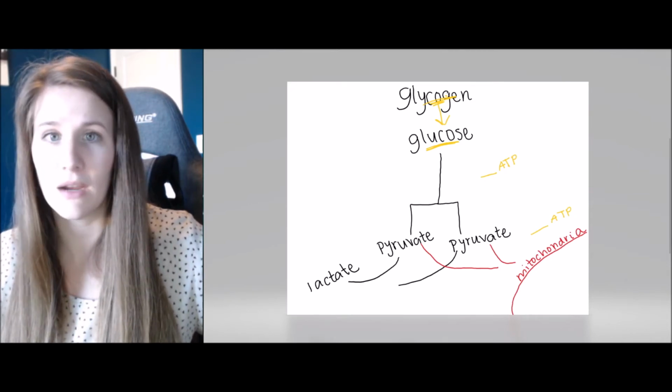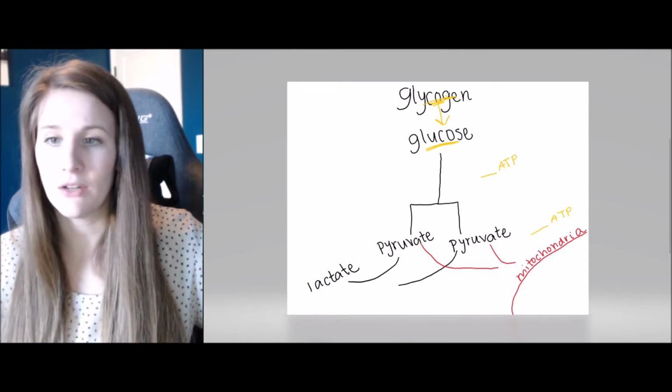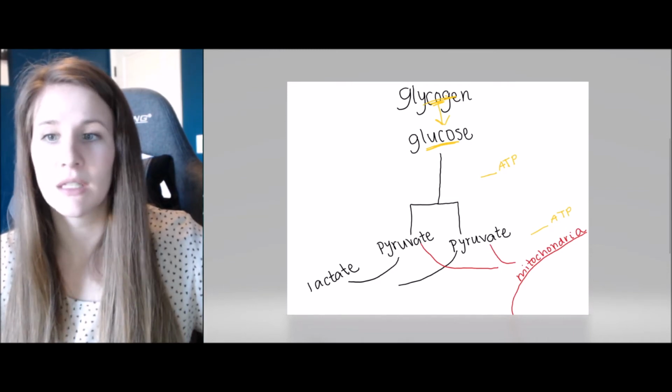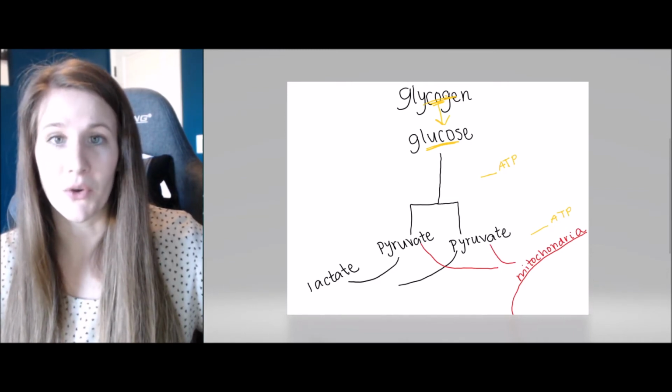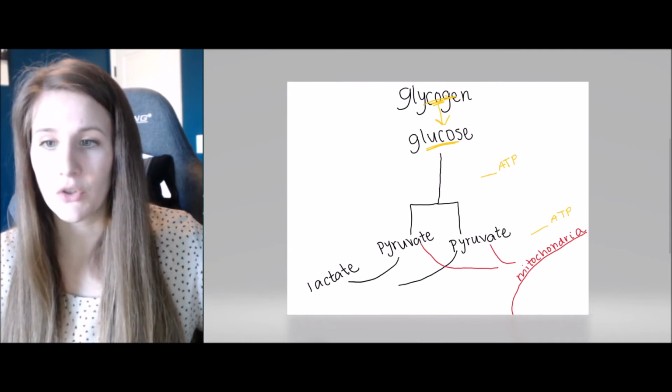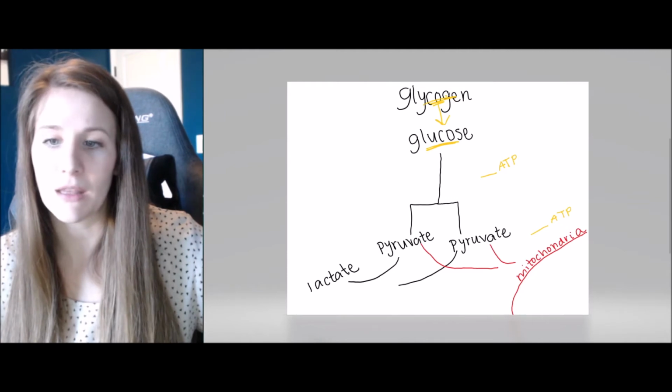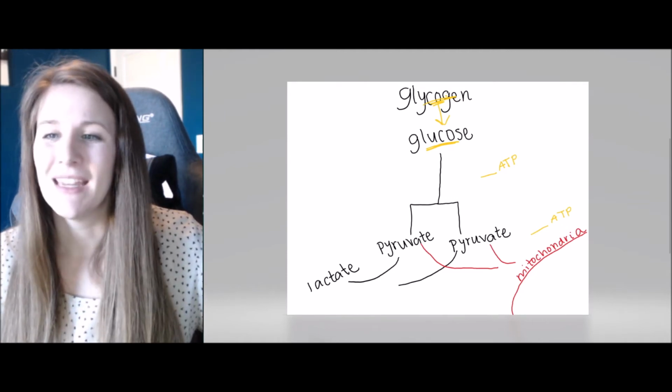So when we are breaking down our carbohydrates, if it's stored, it's going to start as glycogen and be converted into glucose. If it's unstored, it will just be glucose, and we'll start here. So glucose goes through a series of reactions. There's a rate-limiting enzyme in there, phosphofructokinase, which we don't have to worry about for this video.